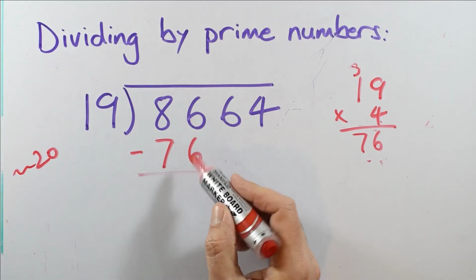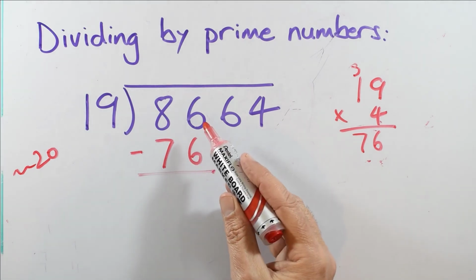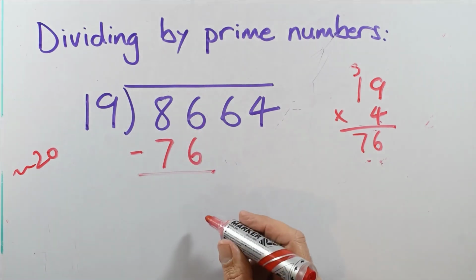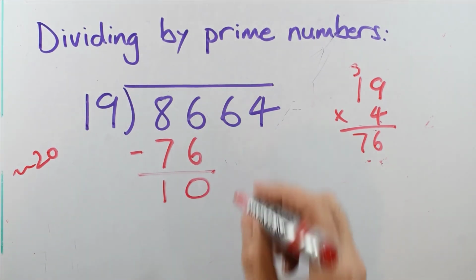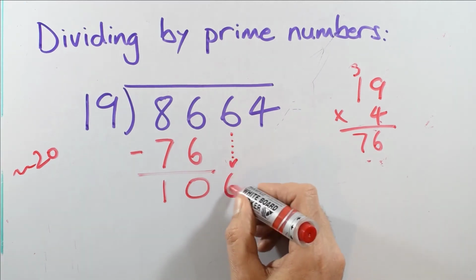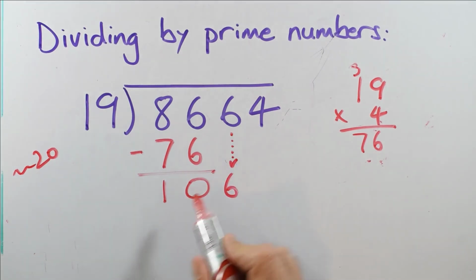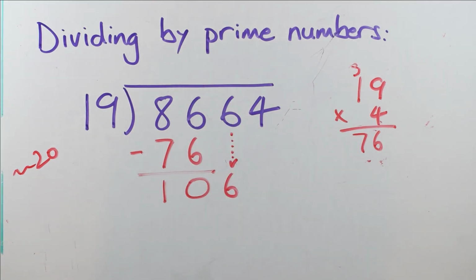So here's what you do next. You subtract this 76 that you figured out, same sort of thing that we normally do, from 86. In this case it gives us 10, not much to work out there, and then we drop this little guy down here to make it 106. The same as we would if we snuck it in up there to make it 106.